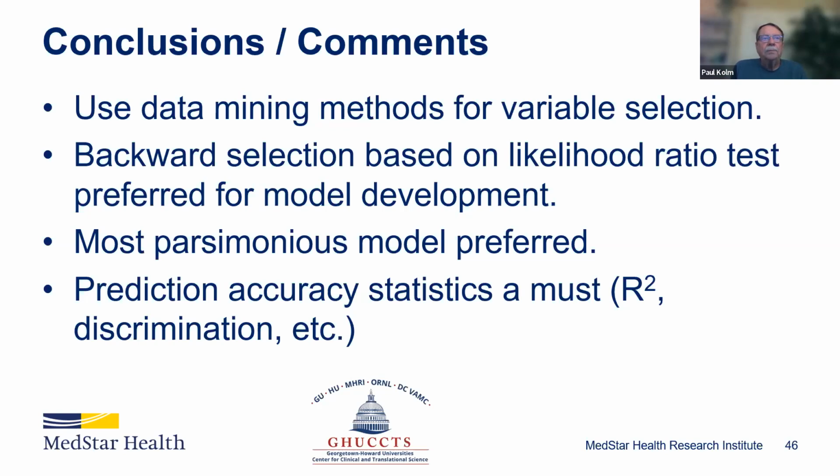You need to determine how good your model is. As the statistician George Box once commented, all models are wrong. Some are just more useful than others. But that's a very important part of modeling, is looking at how well your model predicts.